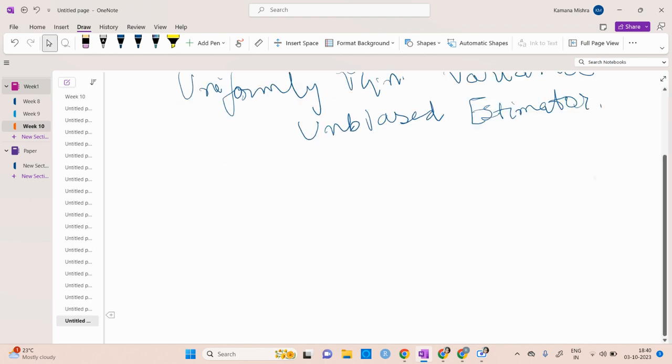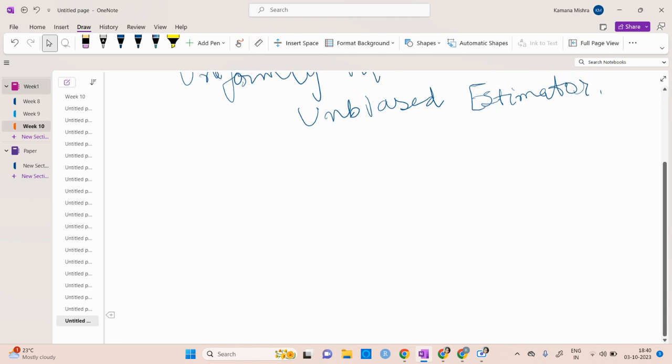So in the last class we went through the unbiased estimator and the consistent estimator. Now for an estimator or T, T is a statistic or estimator, whatever you want to say. It needs to be unbiased, consistent, and the other two were sufficient and complete.